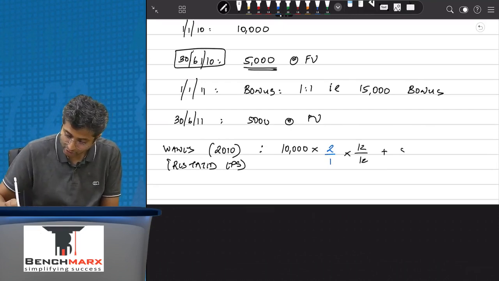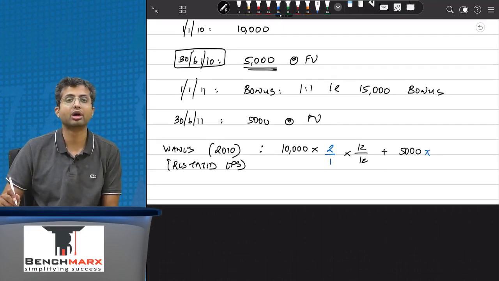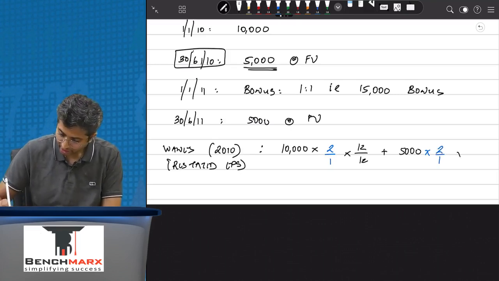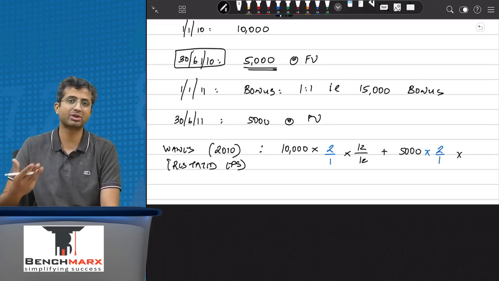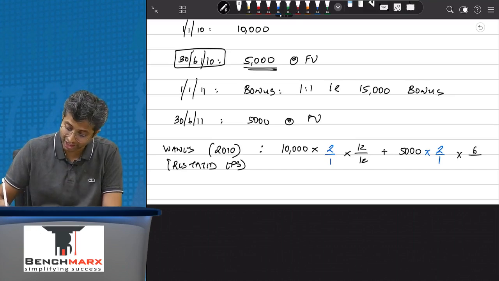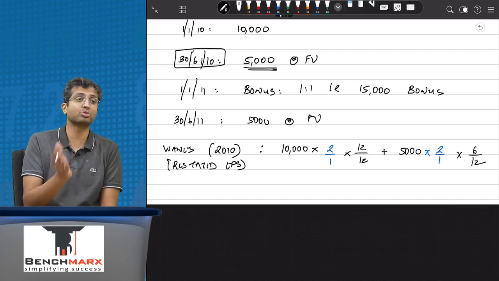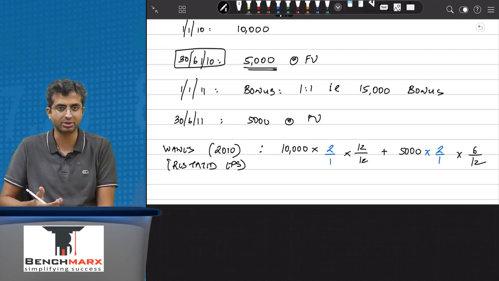However, the 5,000 shares were outstanding for only 6 months, and hence 2/1 applies. But then the 5,000 original shares were also outstanding for 6 months. It is like saying the shares were issued and bonus was given on the very same day, then bonus shares will also be outstanding for the 6-month period. You can't have bonus shares outstanding for 12 months when the original shares themselves were outstanding for only 6 months.